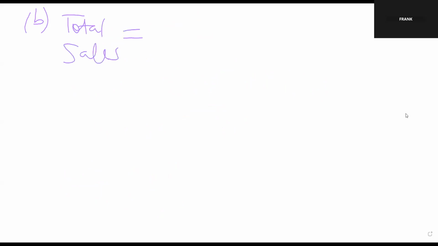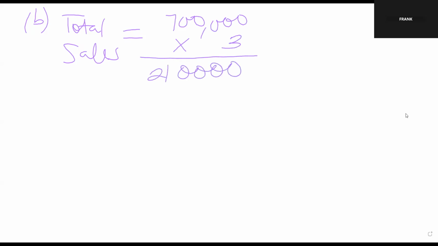There are three type P houses, each is 700,000. So my total sales will be 700,000 times 3, which is 2,100,000 Ghana cedis.